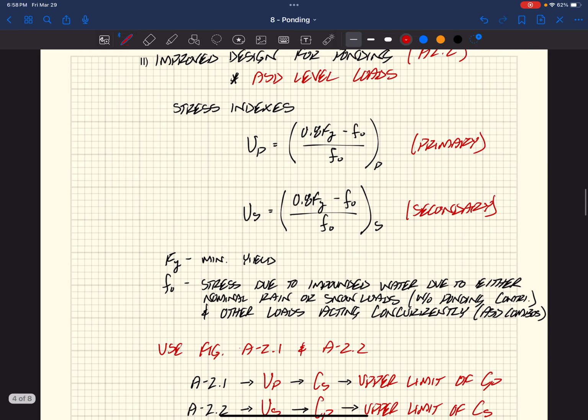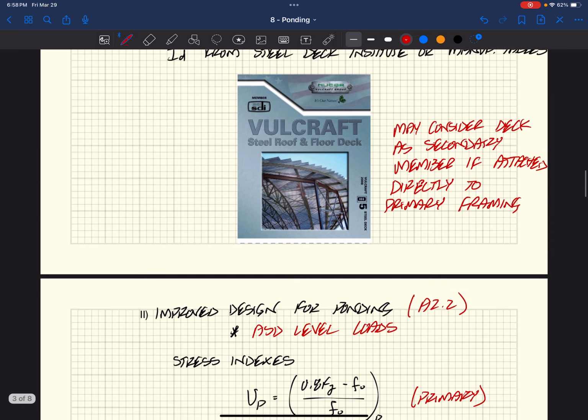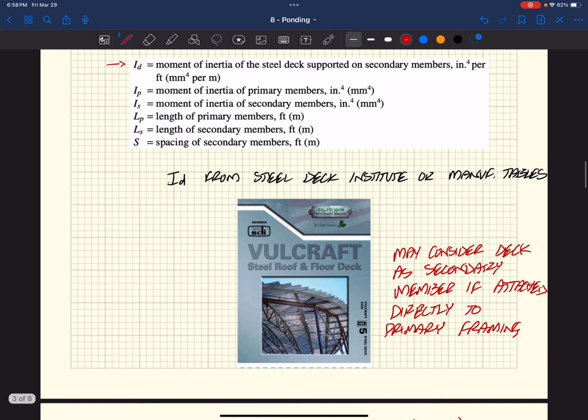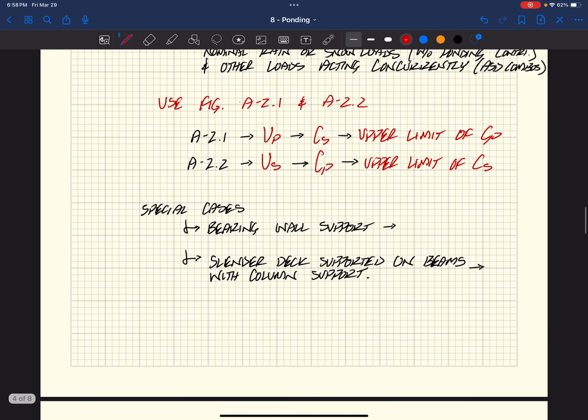At the same time, CS plays a role as well. CS has to do with your secondary members and the stiffness of your secondary members. So you can change your girder and it's going to change the result, or you can change the secondary members and it's going to change your result, or you can change both, right? It's kind of up to you at that point to decide which way to go.